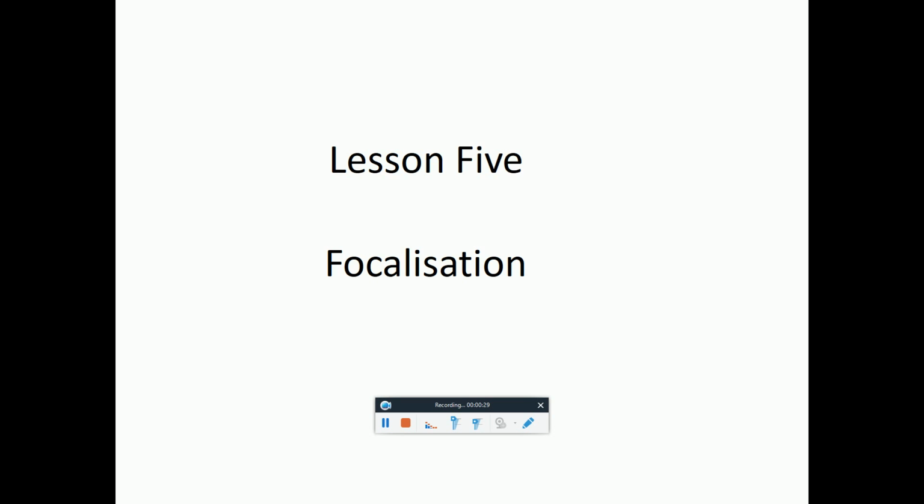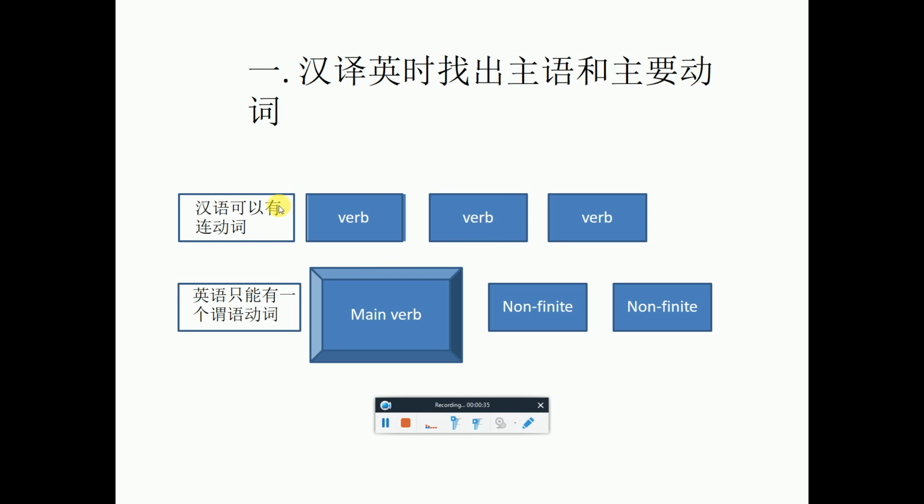Therefore, we have this structure called the verbs in series in Chinese. Whereas in an English sentence, you can only have one predicate, which is the main verb, and other verbs must be in the form of non-finite verbs, infinitives or participles.